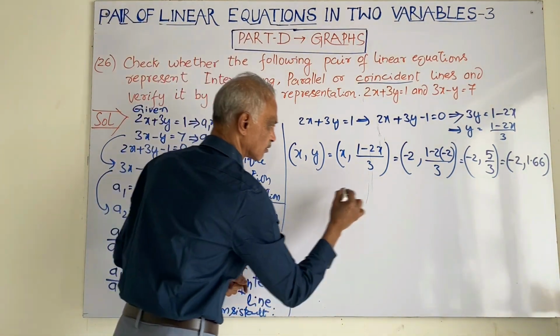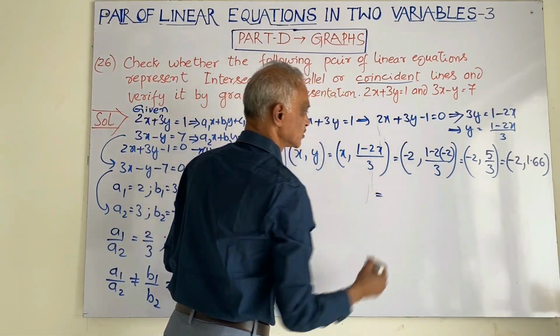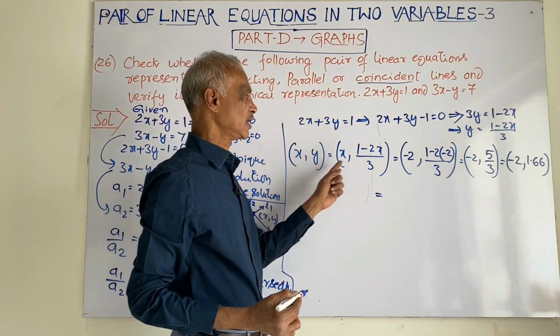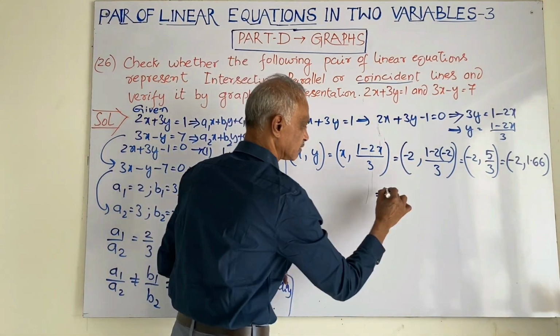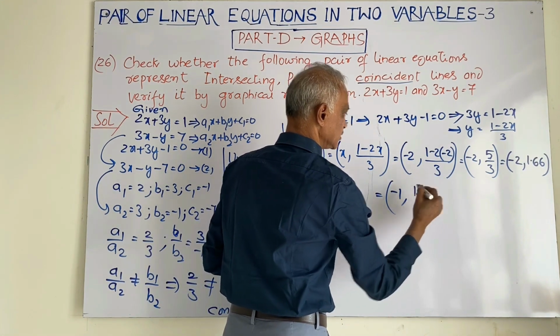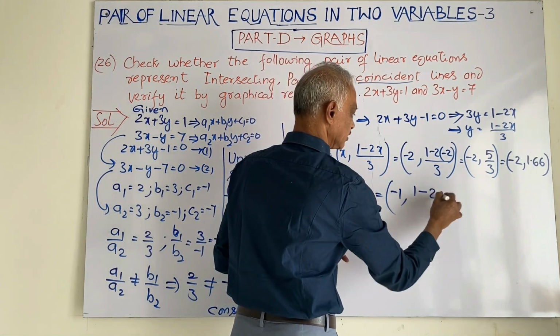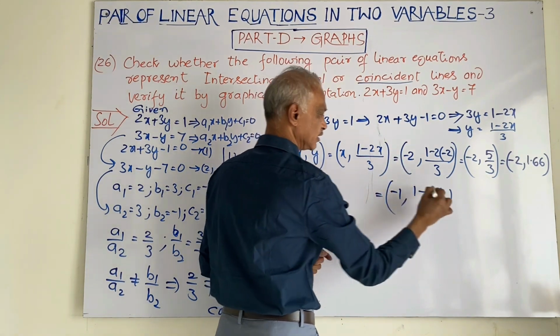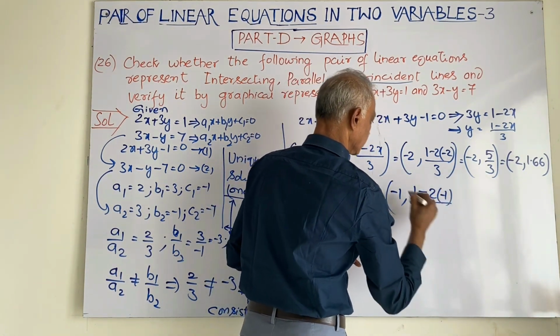Next, here I have taken minus 2, then I will take minus 1. What is the value of x I have taken? Minus 1, divided by 3.